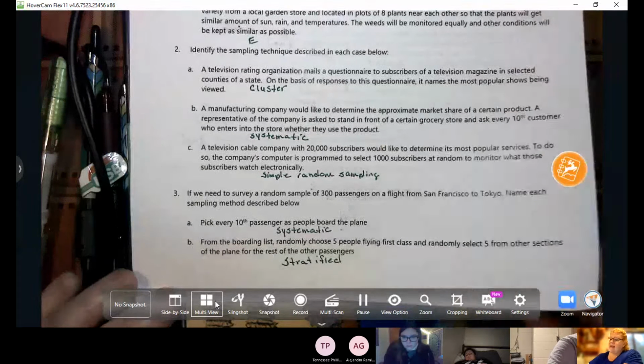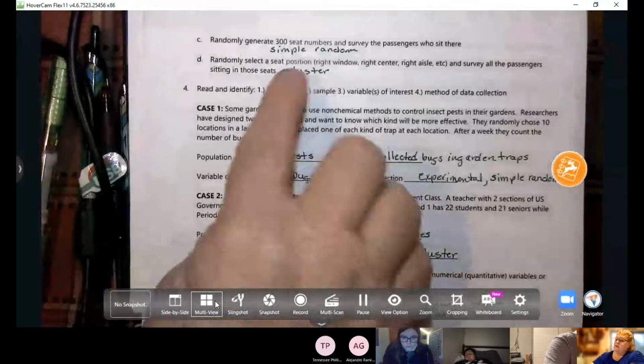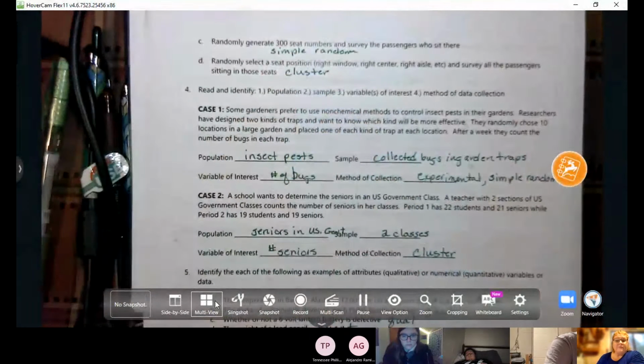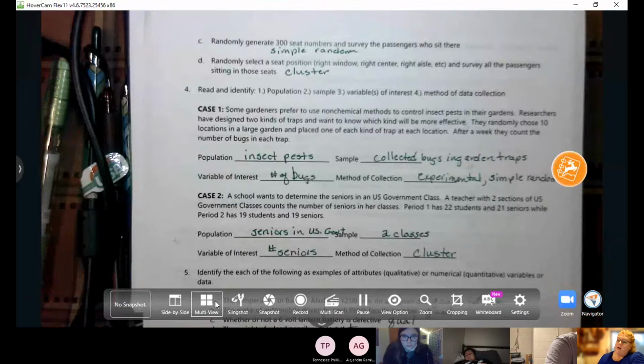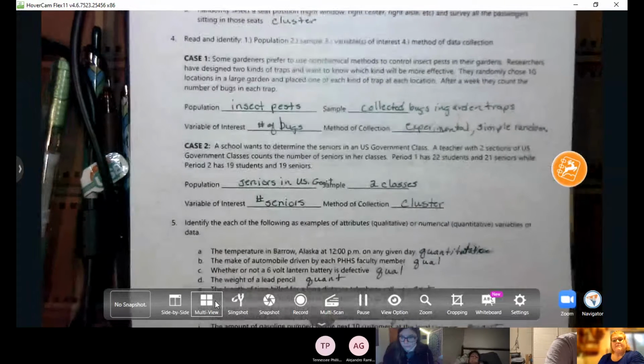Okay, on the back of that activity, problem 3 is just continuing. Again, we're on that airplane collecting information and looking at different scenarios within that airplane and how to collect the information. Problem 4 gives you 2 different cases.